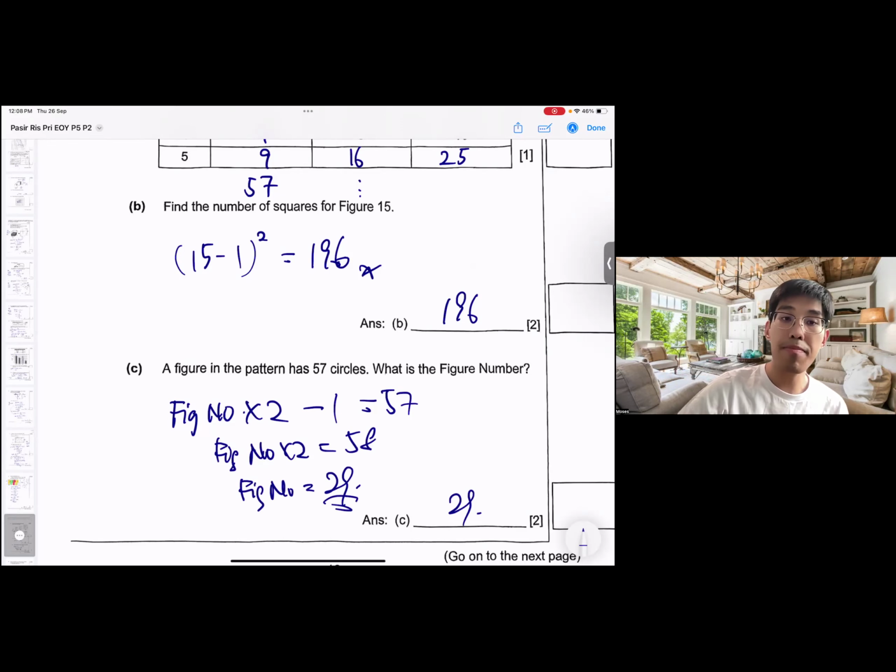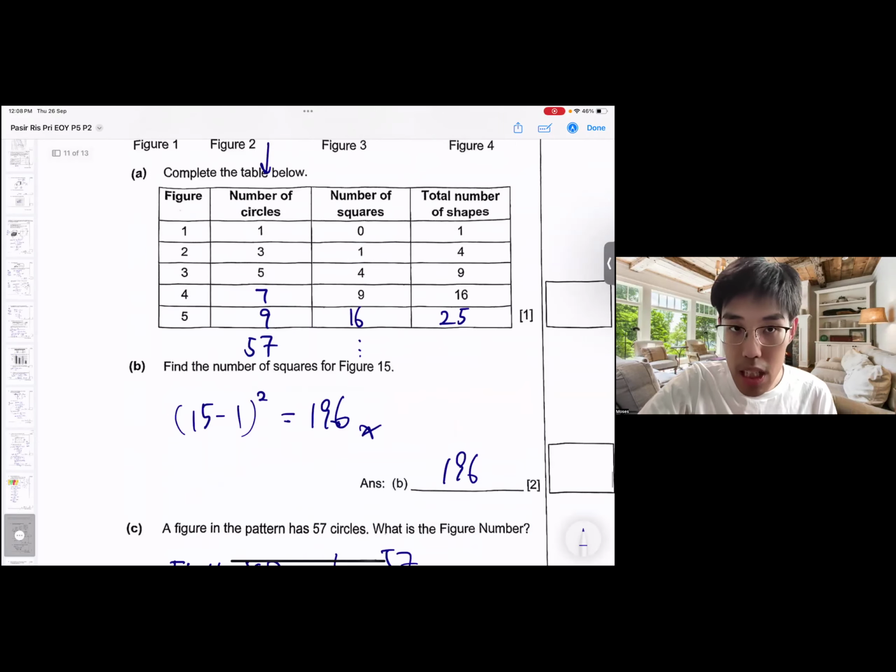Okay, that's the idea. They haven't learned algebra yet. There are proper formulas to learn for such number patterns, but I don't want to teach it here yet. For those of you who already know, maybe I teach you during your home tuition or whatsoever.